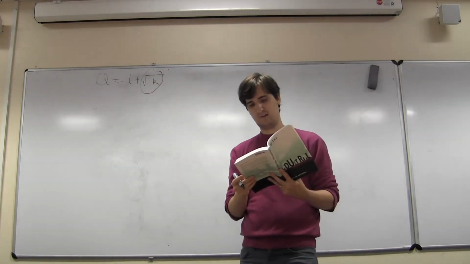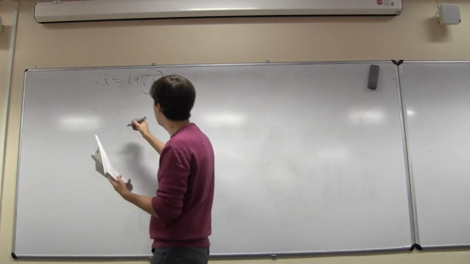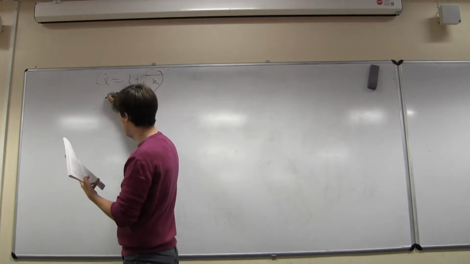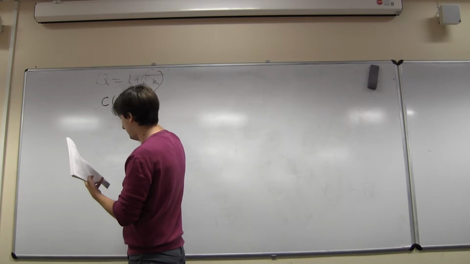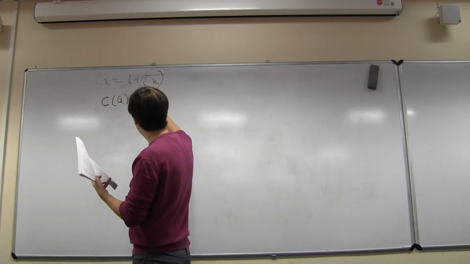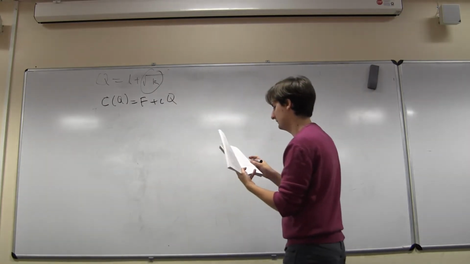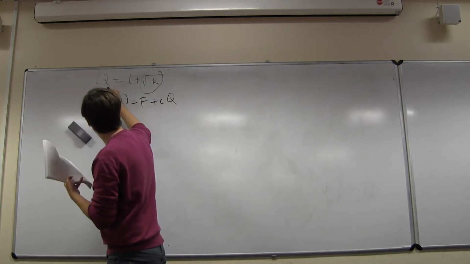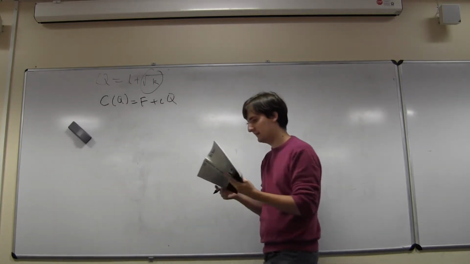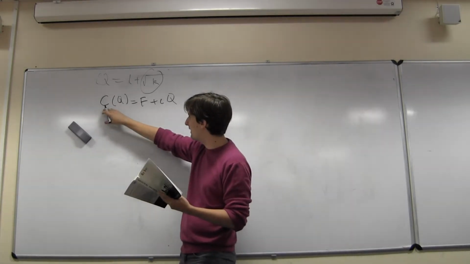The next exercise was, again, about cost functions. It said, consider the cost function C of Q equals F plus CQ. This is a capital C. So this is a total cost function.